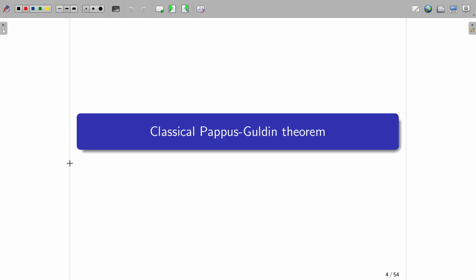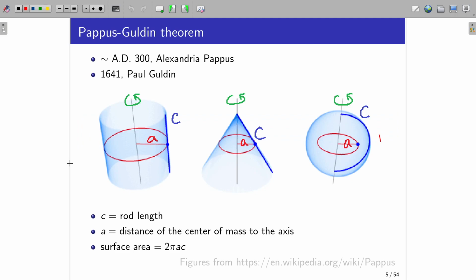The first part of the talk is the classical Pappus-Guldin theory. The theory states that there are 2 parts: one is for finding surfaces, and the other is for finding volumes.